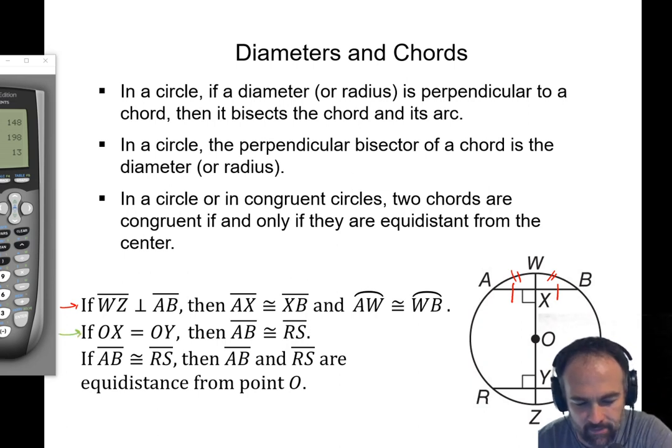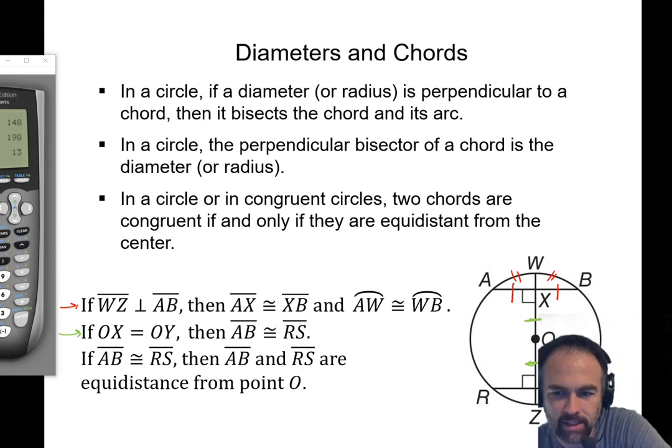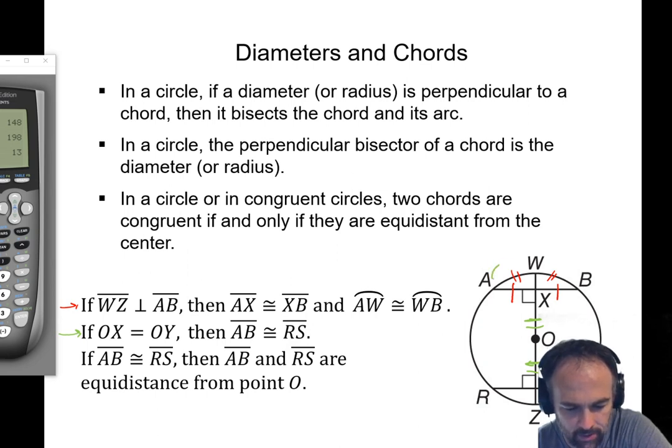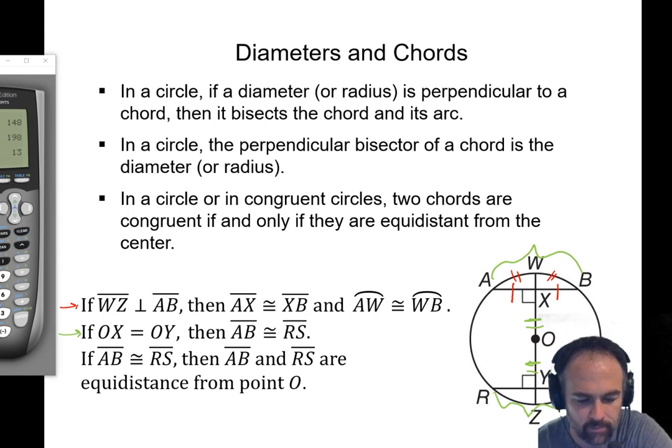If OX is congruent to OY, then AB is congruent to RS. Those two chords are congruent to each other. Also, do this one in purple now.